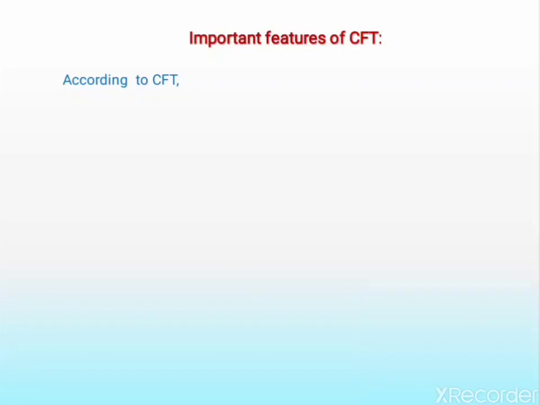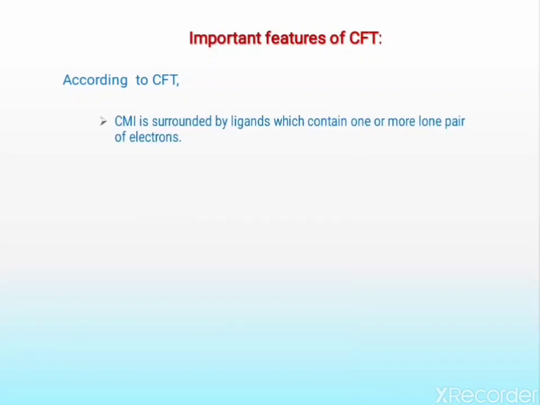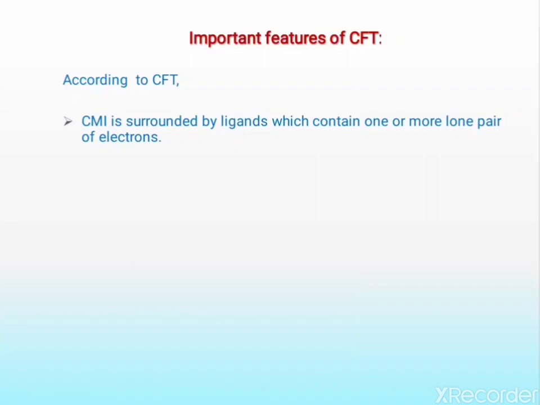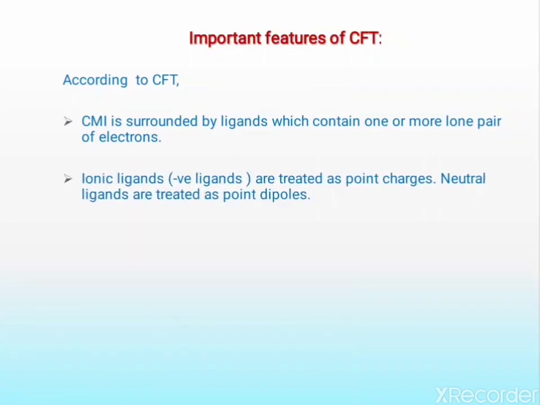Let us know about the important features of CFT. According to CFT, the central metal ion is at the center, surrounded by a number of ligands. Each ligand consists of one or more lone pairs of electrons.